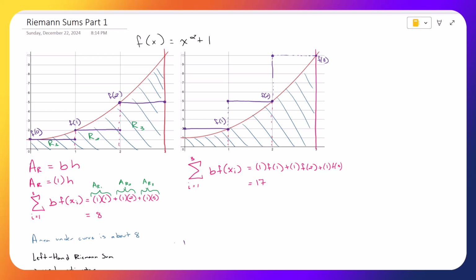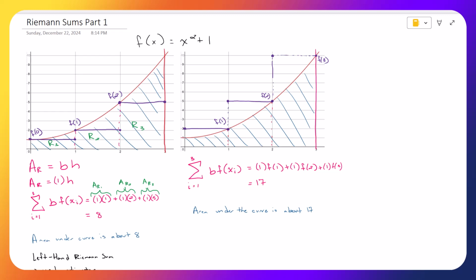And again, what am I looking for? So the area under the curve is about 17. And again, we'll talk about overestimates and underestimates.